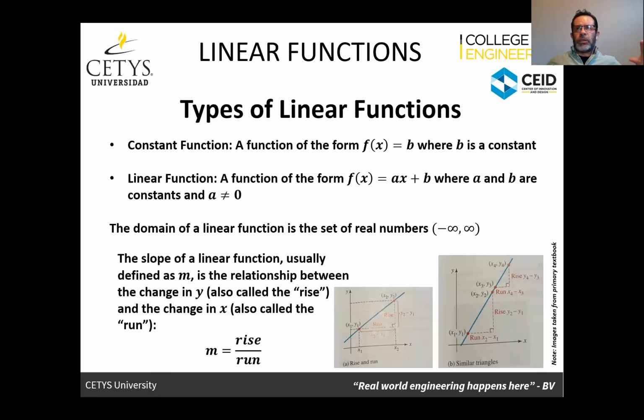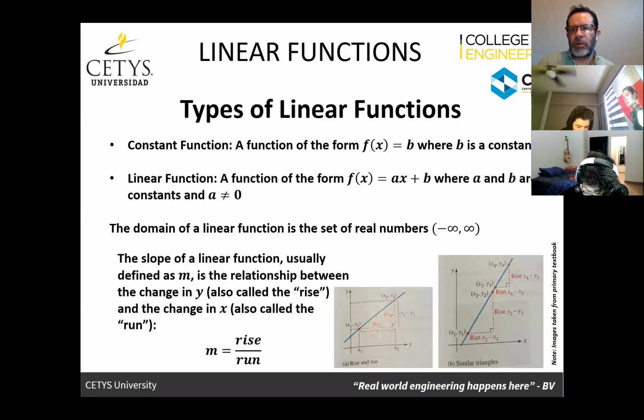Okay. So now the next topic we're going to be talking about, the next couple of topics have to do with two particular specific types of power functions that have to do with linear functions and quadratic functions. None of what we're going to be seeing in these two topics, I believe, should be new to you guys.